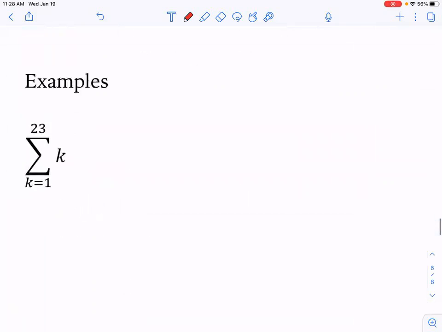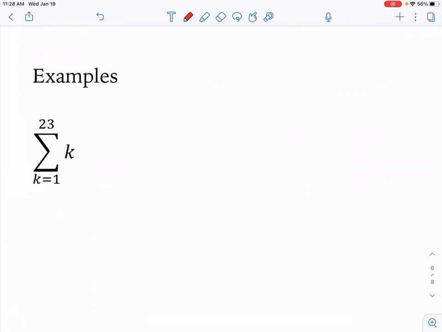So here we go. Instead of 1 plus 2 plus 3 plus 4 plus 5 plus 6 plus 7 plus 8 all the way to 23, you're writing this down, and then we're going to use our shortcut. So our shortcut for the sum of n is n times n plus 1 over 2.